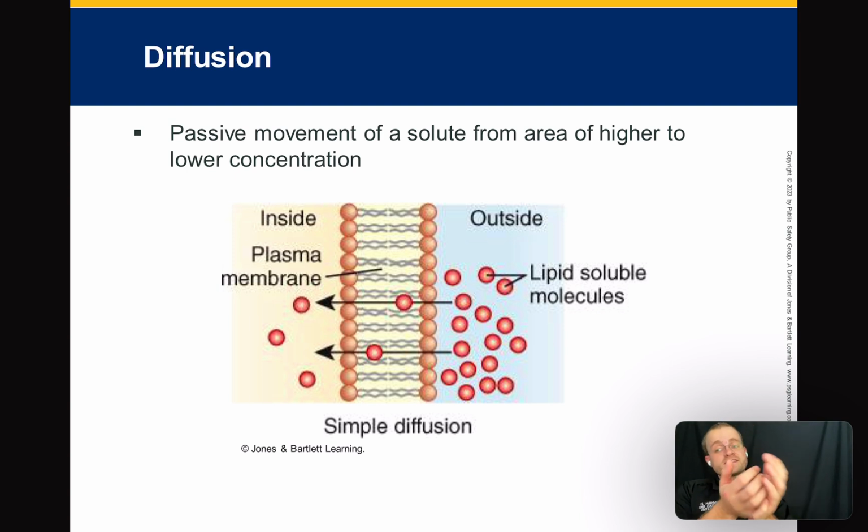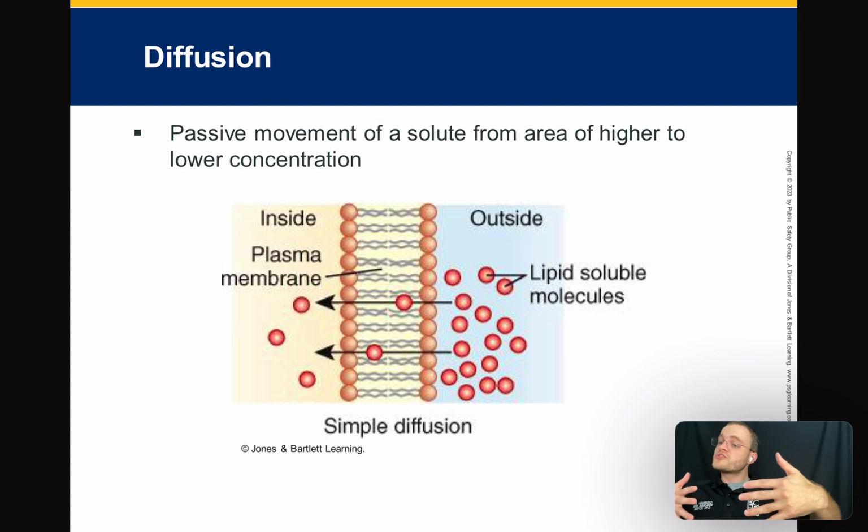But the example of how this happens in the body is with oxygen and carbon dioxide. Our blood is bringing back CO2 because that's the byproduct of cellular respiration. So in our blood, on the venous side, coming back from the cells to the lungs and the heart, we have a high area of CO2. And in the air that we're breathing in, there's a high area of oxygen.